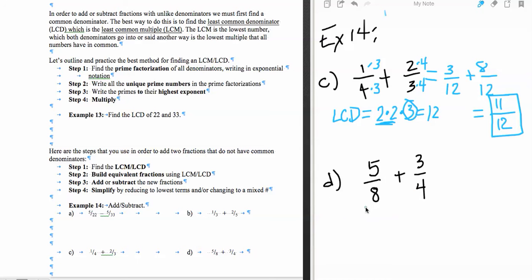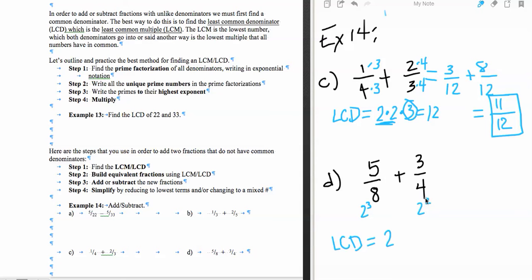And the way we can see this is see that 8 is 2 to the third power, and 4 is 2 to the second power. And remember, the way that we build an LCD is to find the unique factors, and 2 is the only factor that we see up there, right? 2 is the only unique factor, and then we're going to put it to the highest exponent.